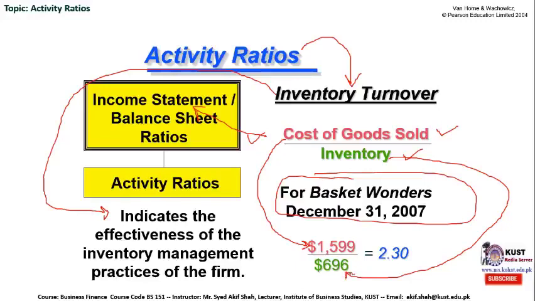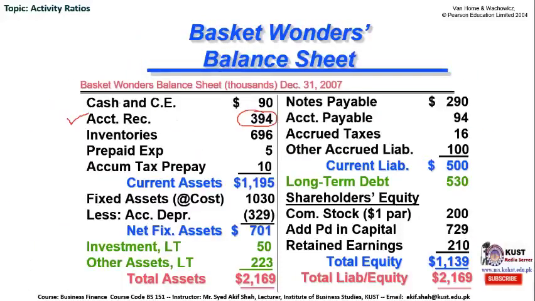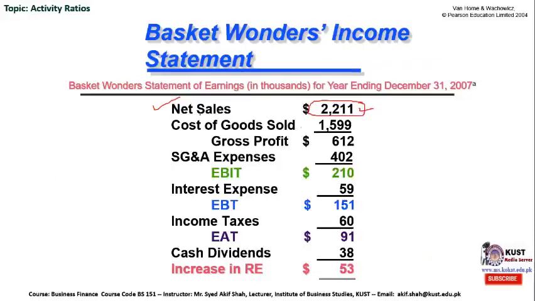Let us counter check. You can also counter check from the balance sheet and income statement available in this lecture. Here it is. Average inventory value was 696 and it has been confirmed. And the income statement states the cost of goods sold was 1599, and once again this has been counter checked.